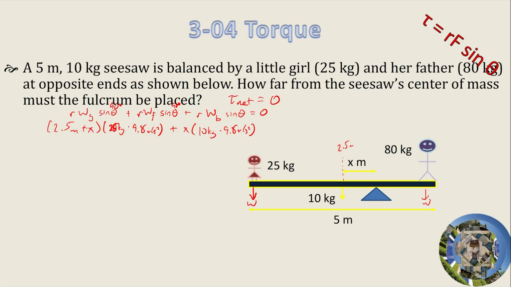Sine of 90 is 1, so I'm going to ignore the sines of 90s because they're just 1. Both of those are rotating the board counterclockwise. The father, though, is rotating the board clockwise, so the father's negative because he wants to rotate it the other direction. And he is 2.5 meters from the center minus the x. So it's 2.5 minus that x to give his distance from the fulcrum. His weight is 80 kilograms times 9.8 meters per second squared.